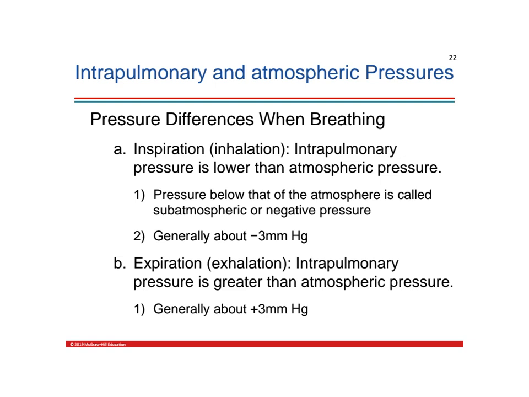As I mentioned in the previous slide, during inspiration or inhalation, the intrapulmonary pressure is lower than the atmospheric pressure. When the pressure is below that of the atmosphere, it's called subatmospheric, or sometimes it's referred to as negative pressure. So generally during inspiration, for a person who's just quietly breathing at rest, this pressure would be negative 3 millimeters of mercury.